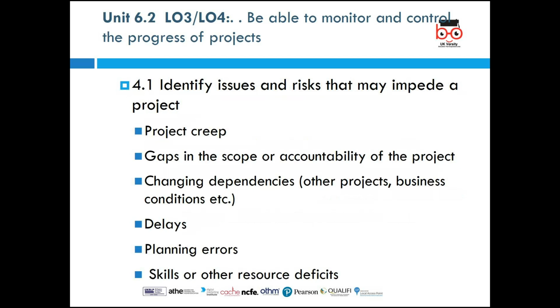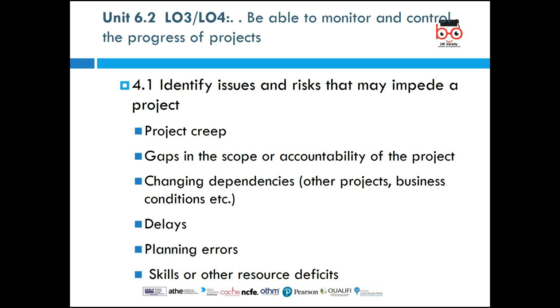Apart from project creep, we have gaps in the scope or accountability of the project. That means that in terms of accountability, people are not actually responsible for what has been assigned to them.